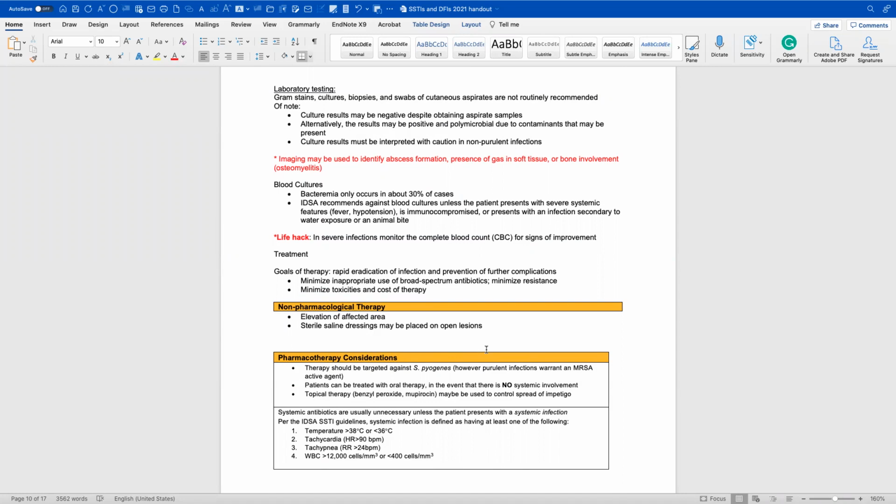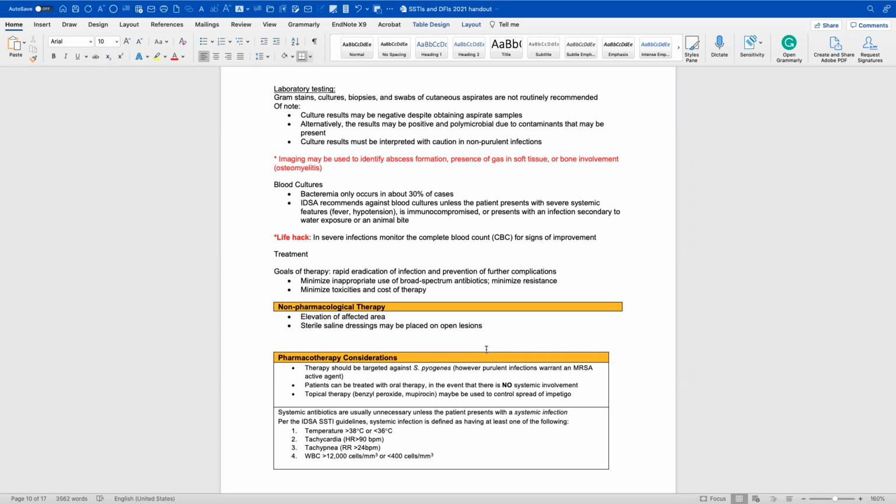Alternatively, the results may be positive in polymicrobial fashion due to contaminants that are present. So culture results must be interpreted with caution in these non-purulent infections. Imaging may be used to identify abscess formation, the presence of gas in the soft tissues, or bone involvement.